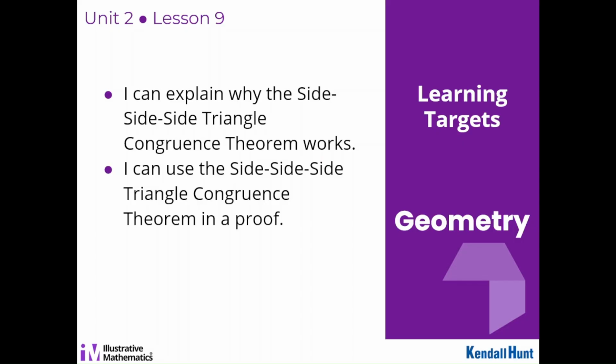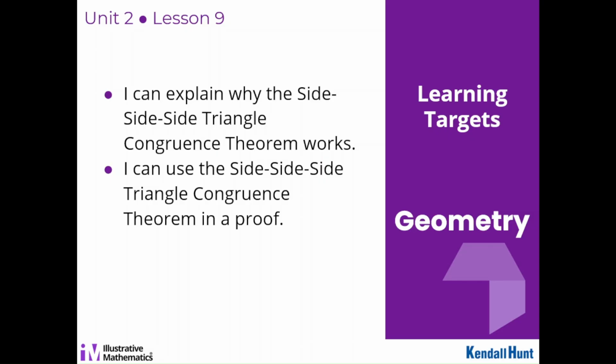Learning target number 2 says that I can use the side-side-side triangle congruence theorem in a proof. And we did this in the practice problems, where we said because we know that the triangles are congruent using the side-side-side triangle congruence theorem, then we could go on to talk about congruent parts or corresponding parts of triangles being congruent.